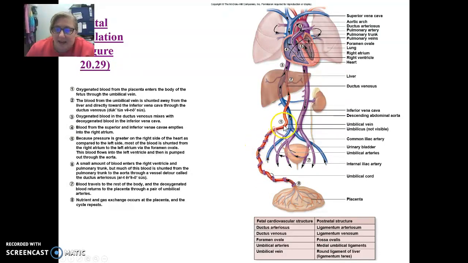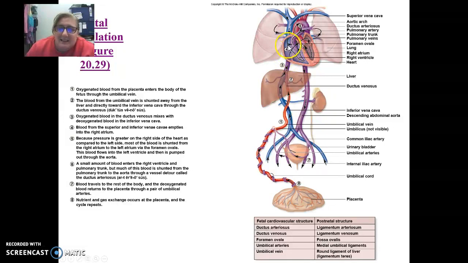The umbilical vein is oxygen rich. It brings blood to the inferior vena cava, which is oxygen poor. So the blood that enters the right atrium is going to be oxygen mixed. Does that make sense to everybody? So it's going to be more of a purplish color.